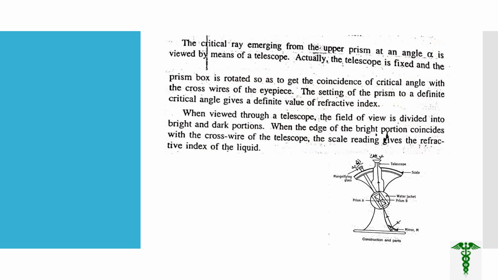Through the telescope we see two portions, a bright and a dark portion, and when the edge of the bright portion coincides with the telescope cross wire, we get a particular reading on the scale, like 1.2, giving the refractive index of our respective liquid.